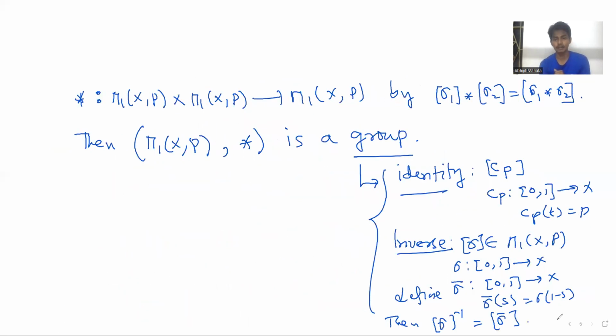This is called the fundamental group. Now this group plays a very important role when we compare two topological spaces, because if you know the fundamental group of two topological spaces, then there is an idea of how to check whether they are homeomorphic or not.